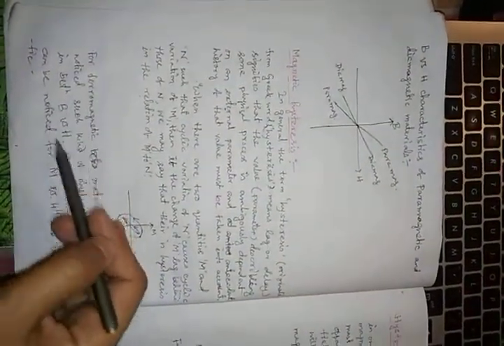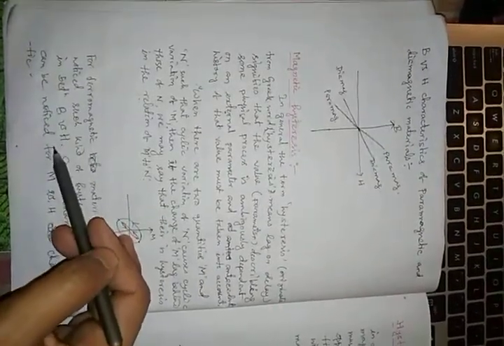So there is a gap between the two lines. This is called hysteresis. A similar phenomenon is noticed in the B versus H curve, as well as in the magnetization versus external field case.